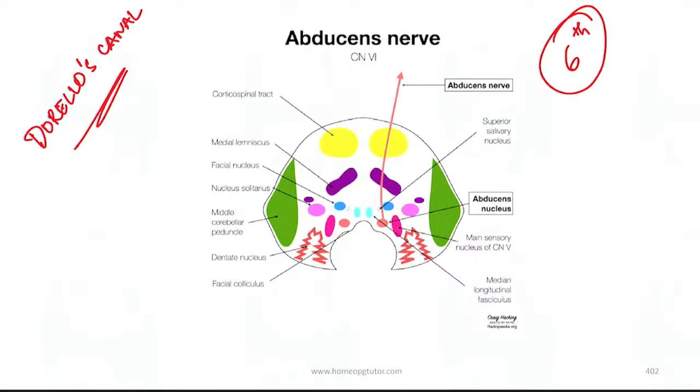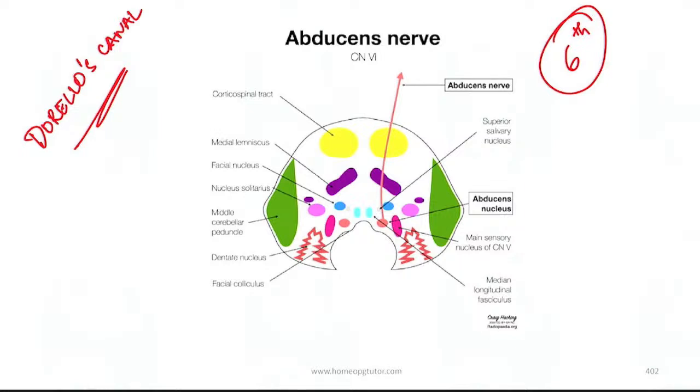Okay, in the course of the abducent nerve, after exiting the pontomedullary junction, just an extra information. Okay, that is what I'm telling now. This Dorello's canal is the route of this abducent nerve after it exits the pontomedullary junction. Okay, that is present in the subarachnoid space.